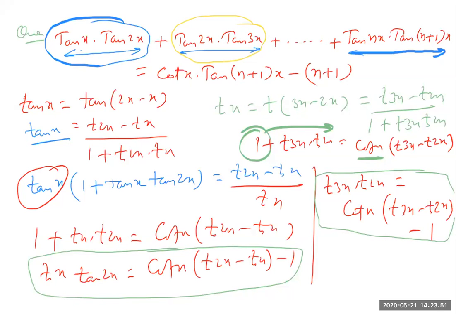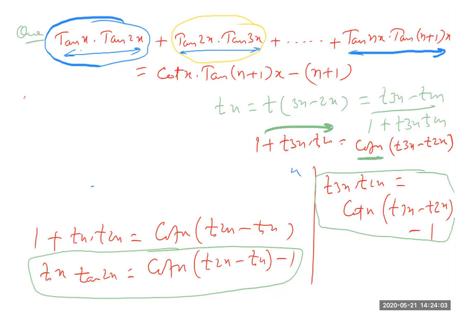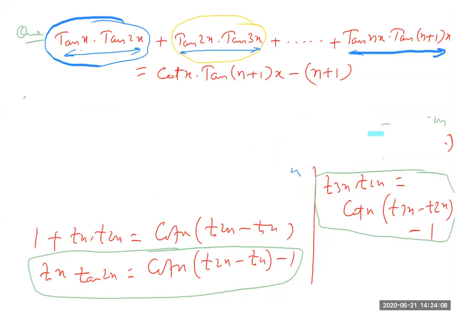See, this upper part I am cleaning so that I can write it again, okay? Because you have already noted this. Now I know that from here, first step I'm writing tan 2x into tan x is equal to cot x into tan 2x minus tan x minus 1.